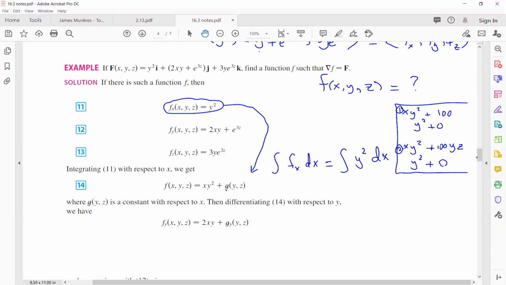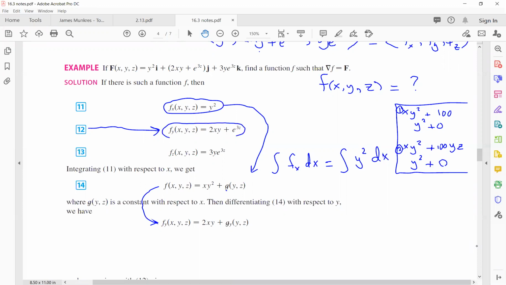Now that you have your potential function like this, you're going to take the partial derivative with respect to y. The partial derivative of x y squared with respect to y is 2xy, and the partial derivative of g with respect to y is gy. Very well. Take a look at 12. 12 says the partial derivative of your potential function is 2xy plus e to 3z.